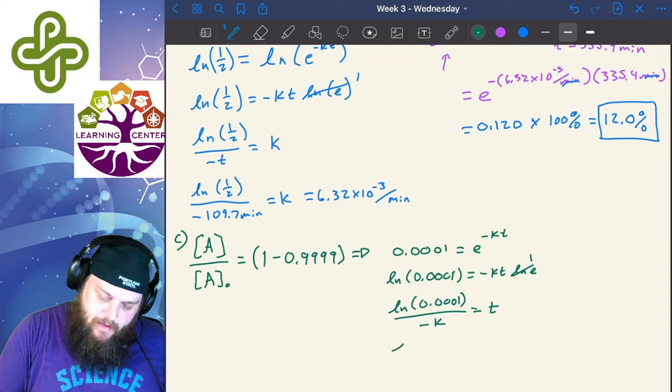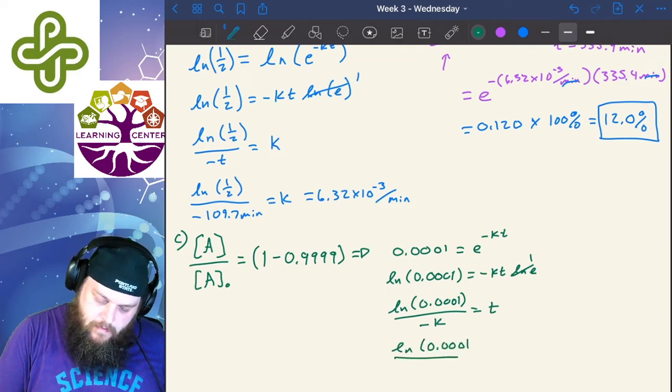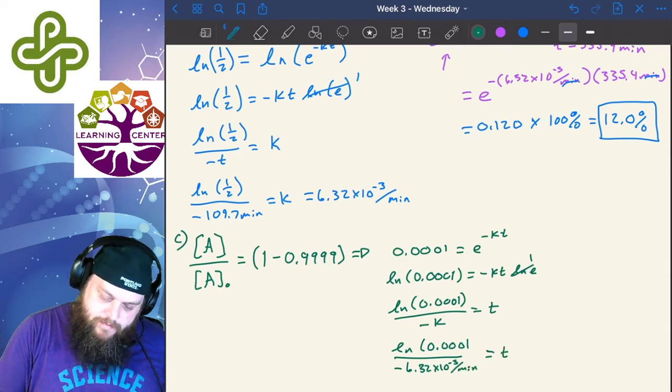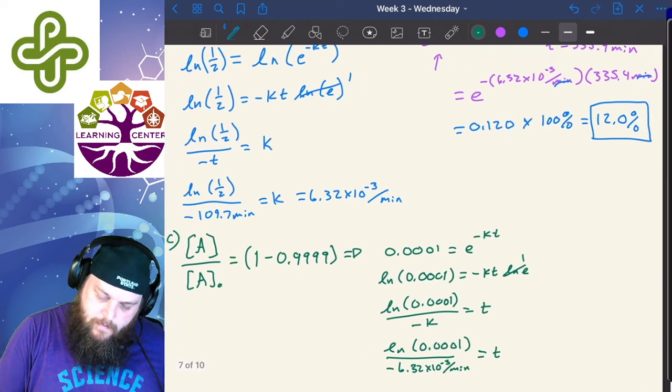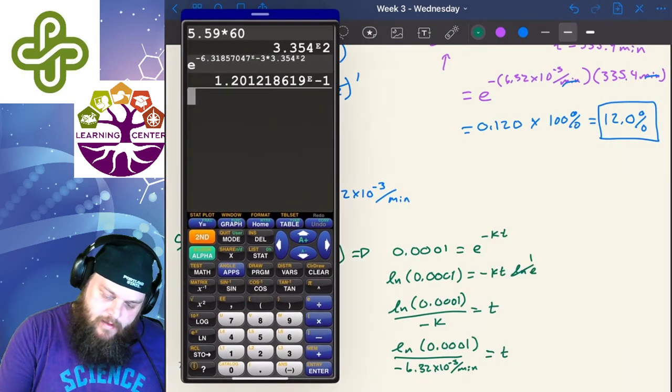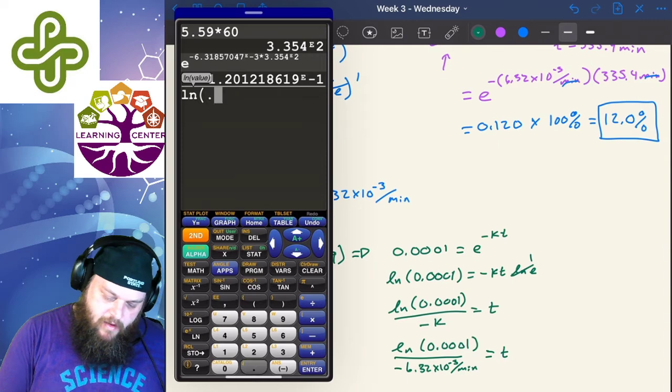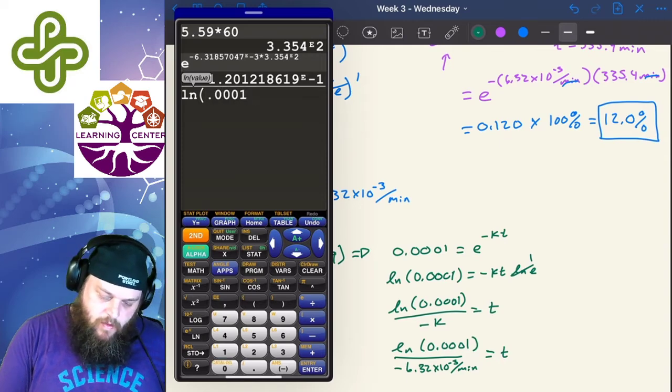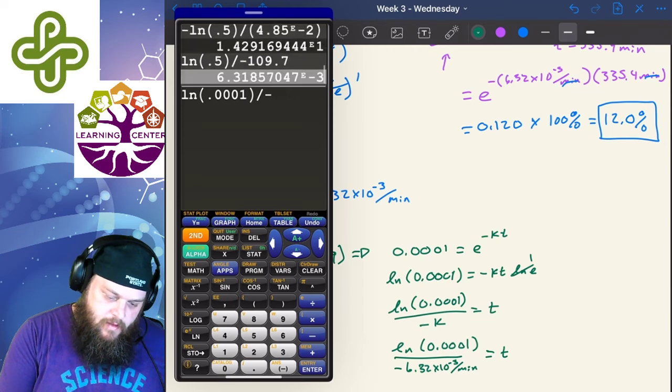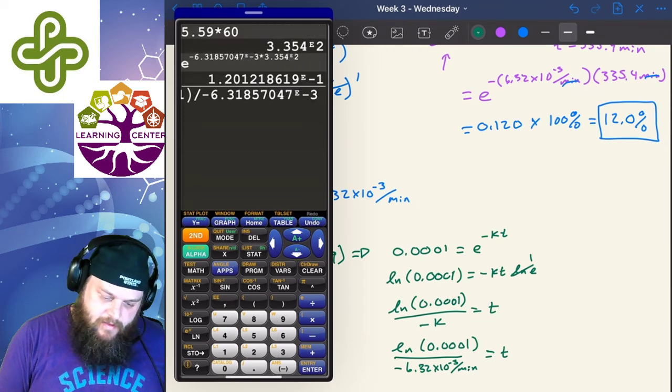So now I can plug in that value for k, divided by negative 6.32 times 10 to the negative 3 per minute, which will equal t. Let's slide it over here. So the natural log of 0.0001 divided by negative, still have it in my calculator, let's use it.